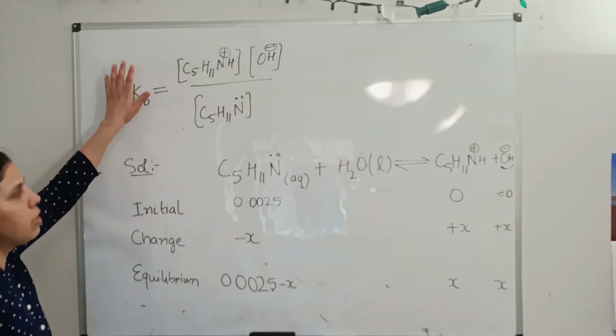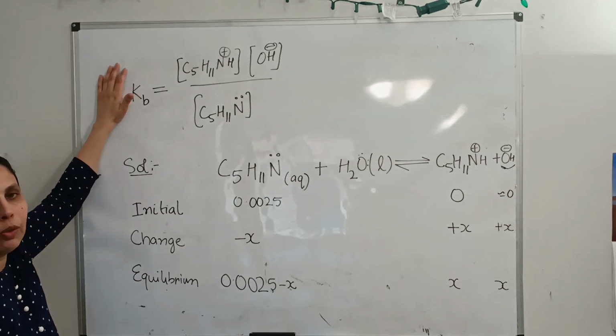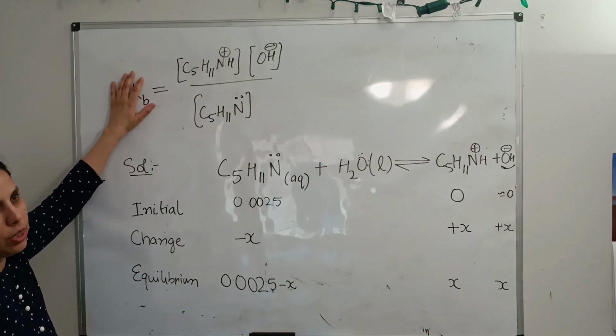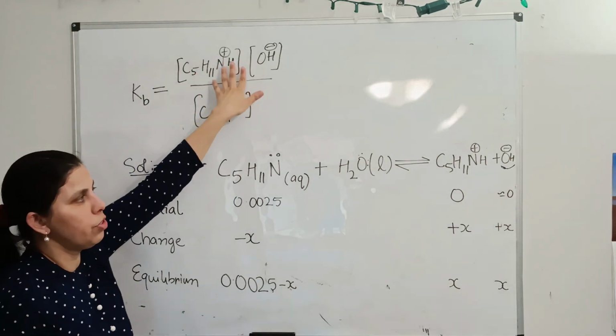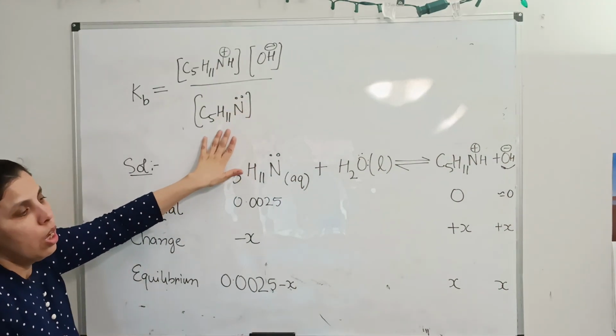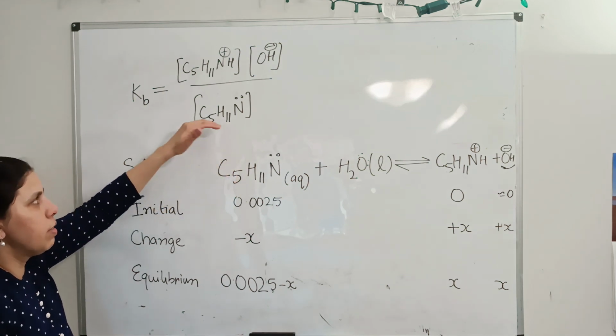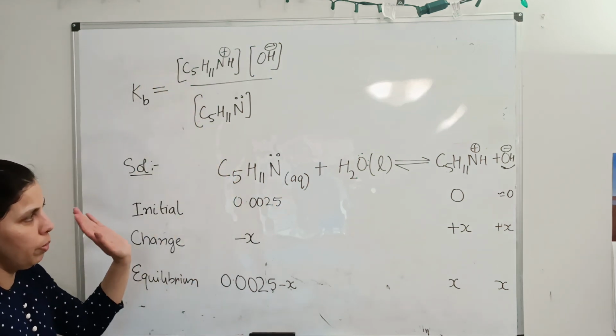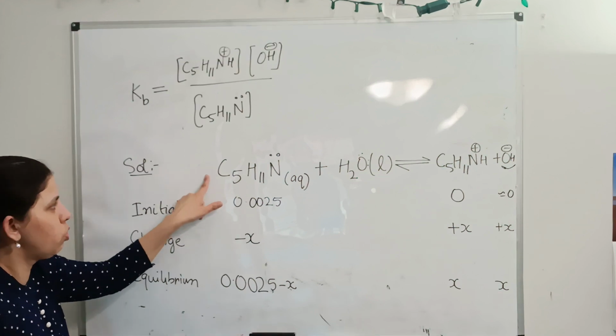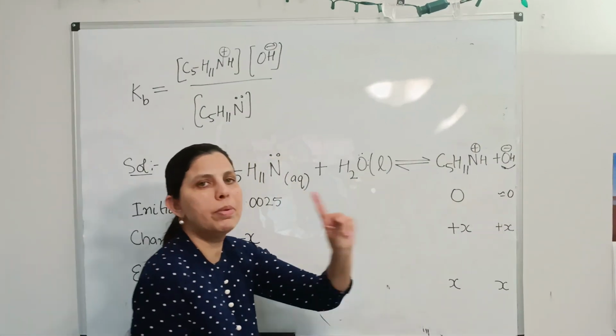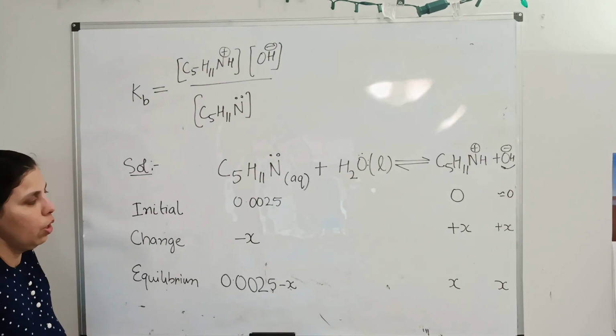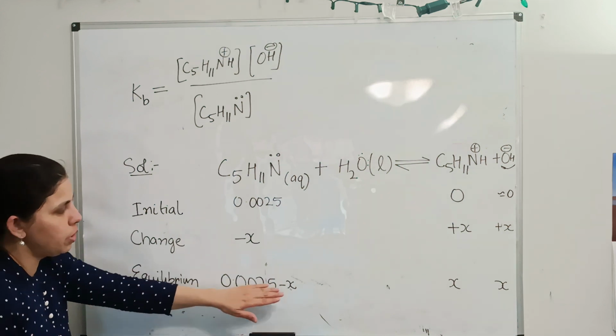We know from our knowledge of chemical equilibrium that the equilibrium constant is equal to the product of concentrations of the products divided by the concentrations of the reactants, raised to the power of their stoichiometric coefficients. In this equation, the stoichiometric coefficients are just 1, so we need not worry about that. So we'll just substitute these values.